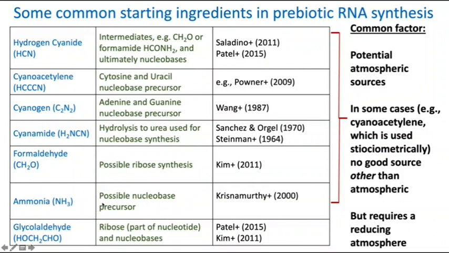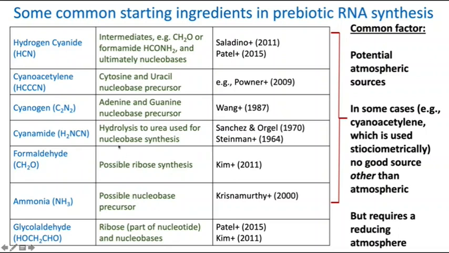So this table shows precursors or possible secondary products for synthesis of components of RNA building blocks. For example, hydrogen cyanide is a precursor for components of nucleobases, or cyanoacetylene is used to make the pyrimidine nucleobases, and so on.